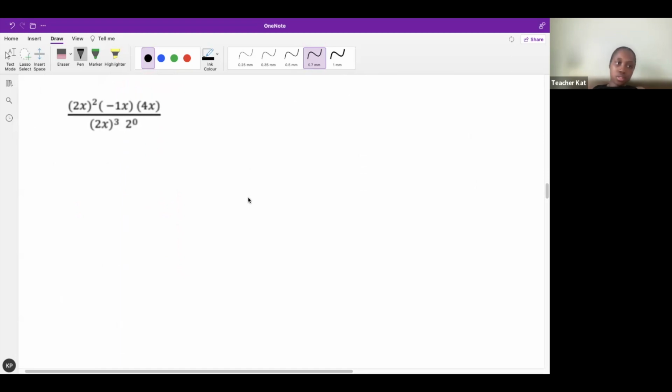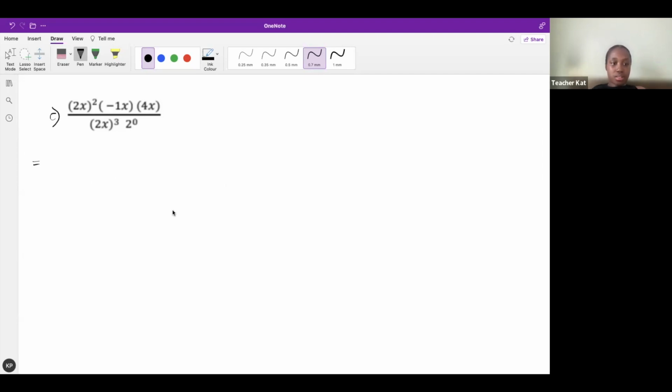Here's another interesting one. Do we have anything inside brackets that can be simplified? No, so we go to exponents, which is distribution.